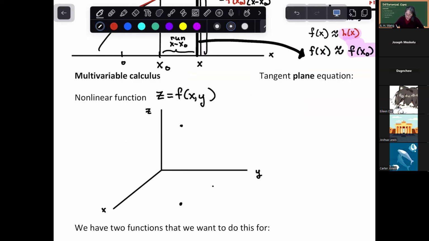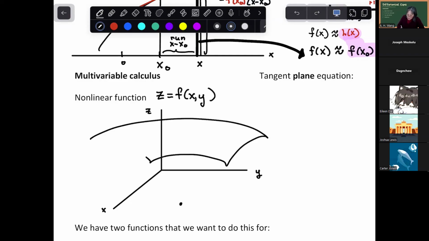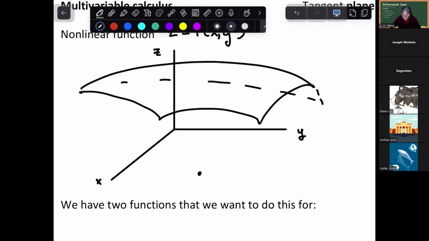Every point downstairs, you plug it in, you get a height, and maybe something like this. You see how this is? You get a surface.